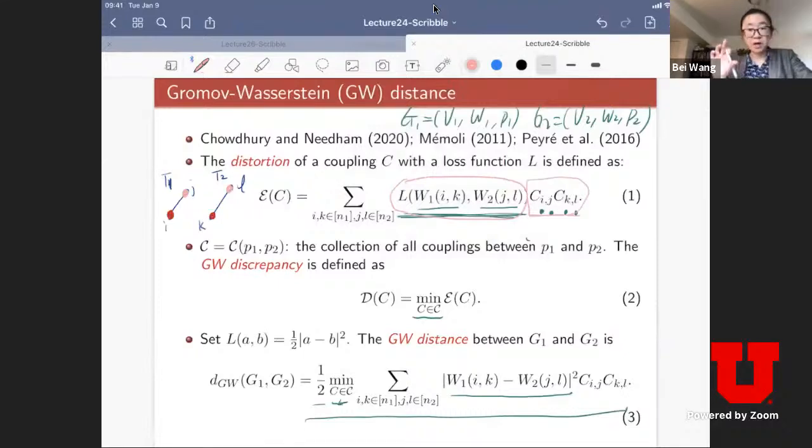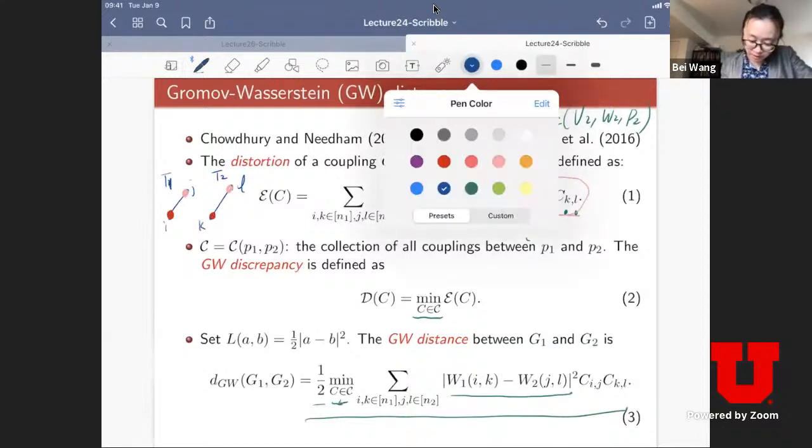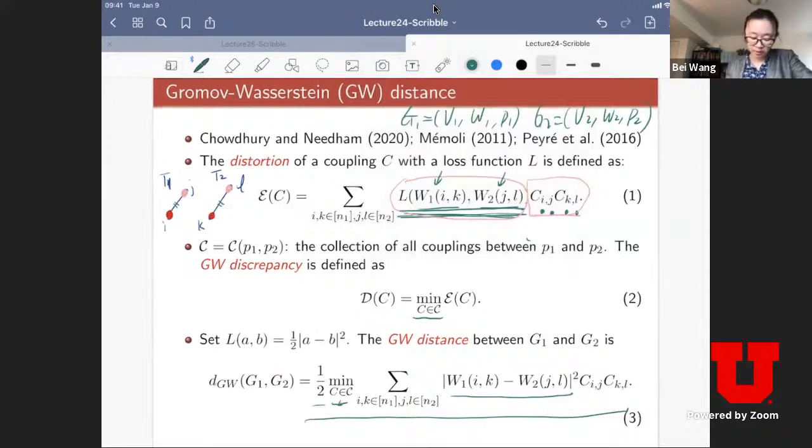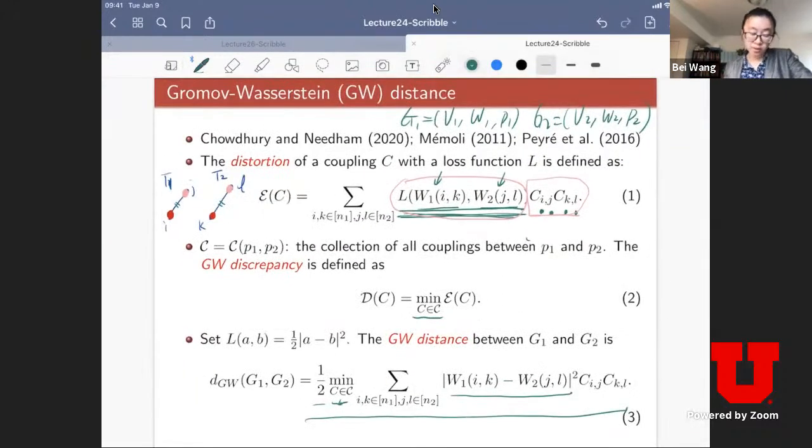Because the endpoints of those two edges are mapped onto one another, what I would like to see is the difference between the corresponding weights of those two edges. Okay, so that is what this loss function is. W1 and W2 capture the corresponding weights, and specifically you can use a simple formula, which is just the difference between their weights squared. So that's what this formula is.